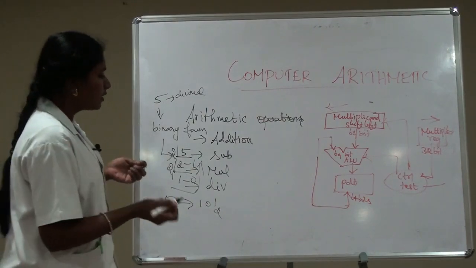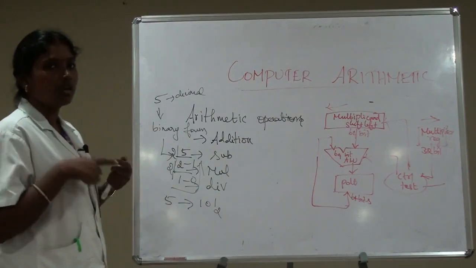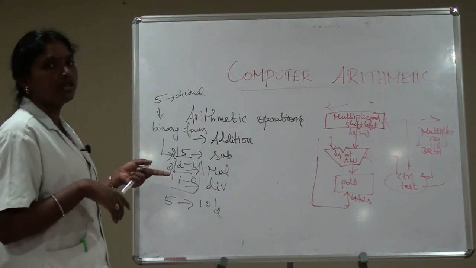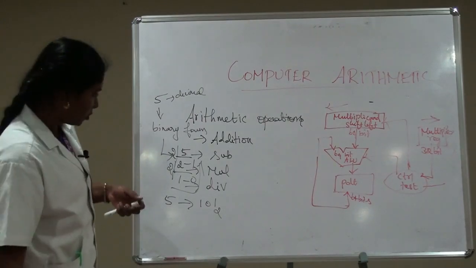So next one is subtraction. For any value we have to subtract, there are 2 formats. One is direct binary subtraction, otherwise we subtract using the 2's complement subtraction.